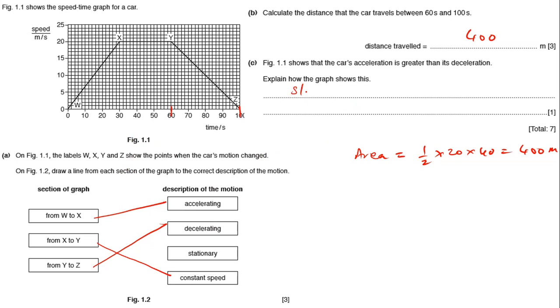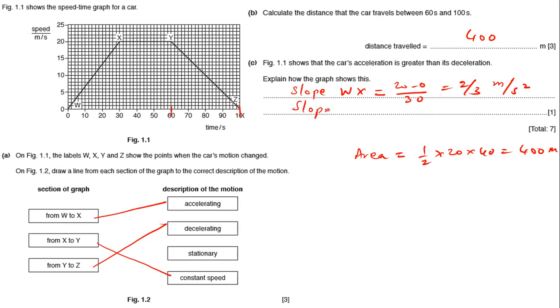So you should write slope WX is equal to 20 minus 0 by 30 minus 0. So it's divided by 30, which should be equal to 2 by 3. Unit? 2 by 3 meters per second square.